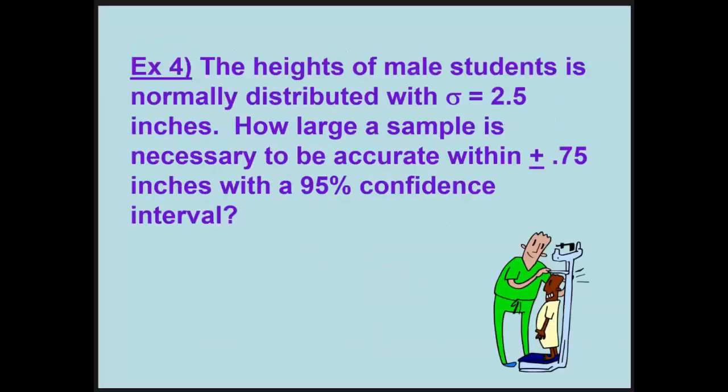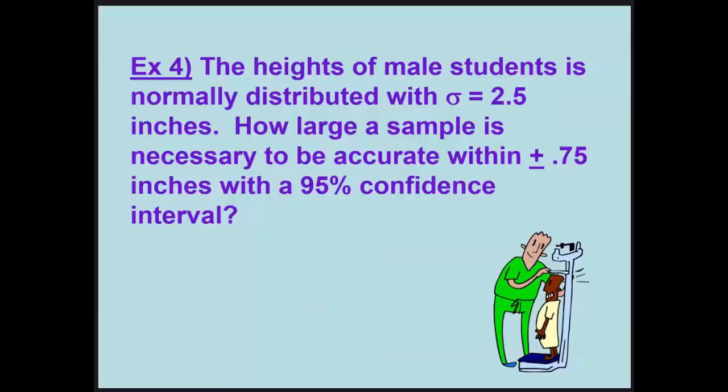Okay, so we are told that the standard deviation of heights of male students in a particular population is 2.5 inches. So in other words, before we go out and collect data, we think it's 2.5. The question is, how large does the sample have to be in order to be within 0.75 inches at that 95% confidence level?